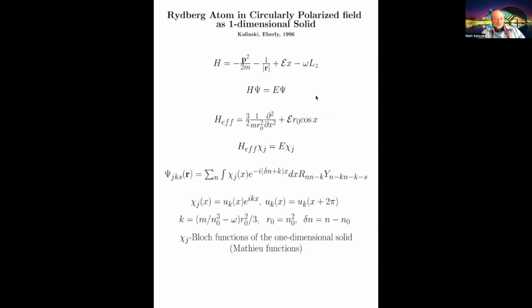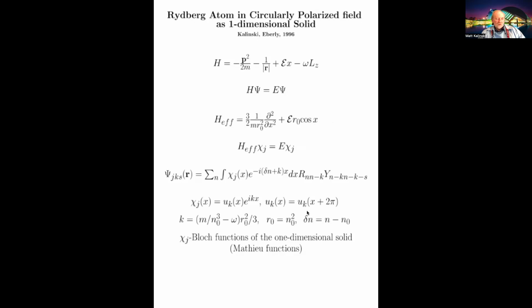Strictly in this theory, the omega of the circularly polarized field is 1 over the cubic power of the central quantum number. But if you consider the tuning from this condition, you will get the linear term in d over dx, and therefore you will get the Trojan wave packets as the Bloch function of a one-dimensional solid with the tuning.